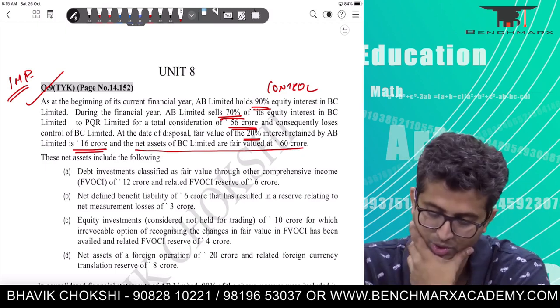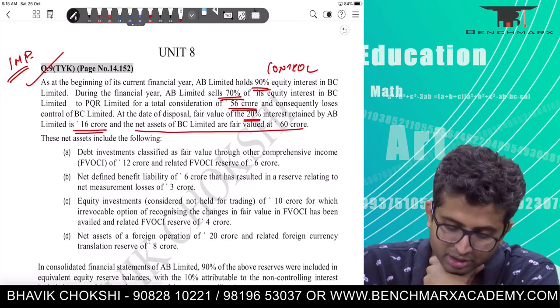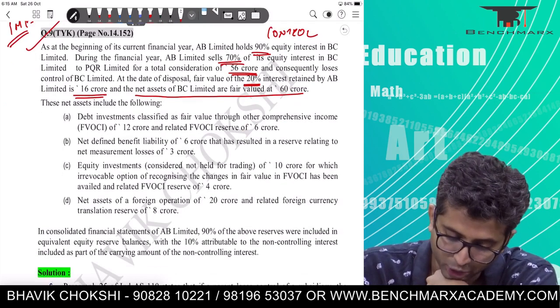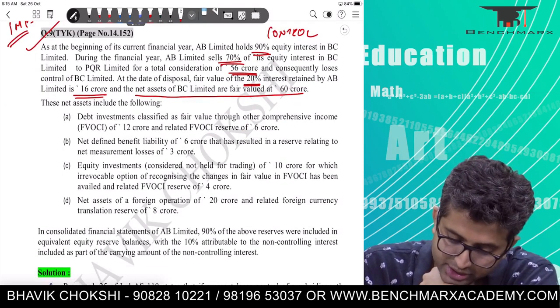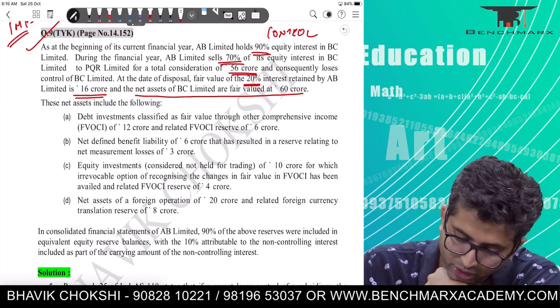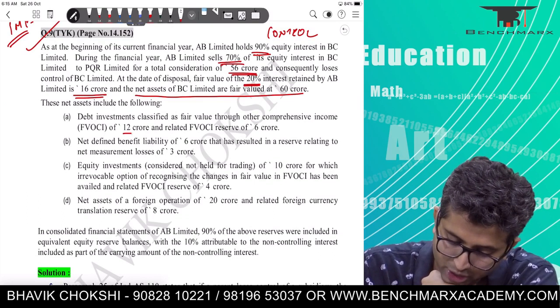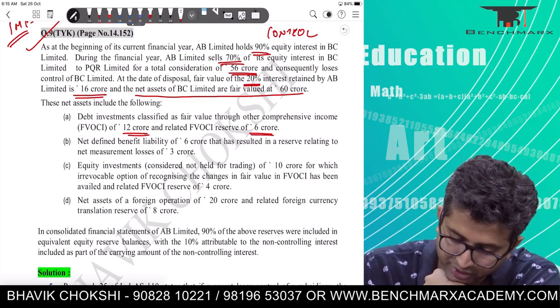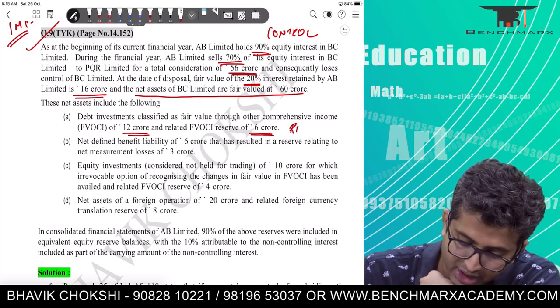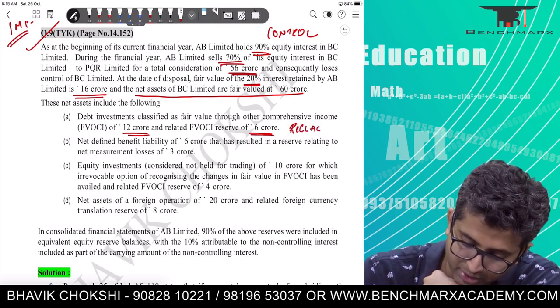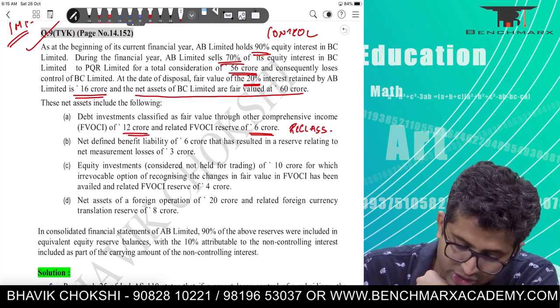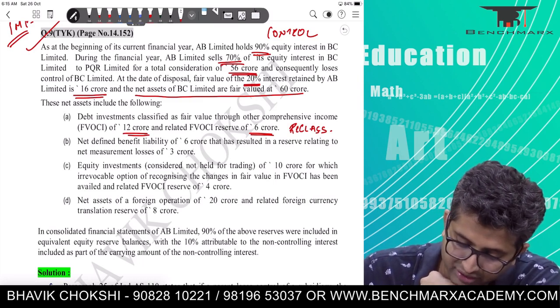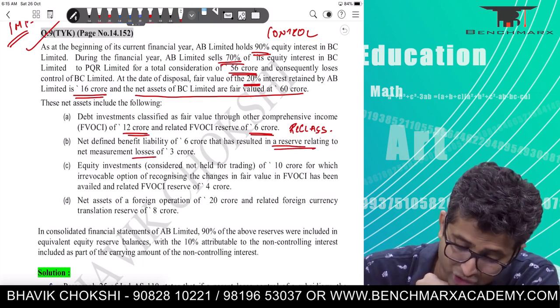Okay. Then net assets include the following: debt investments classified as fair value through other comprehensive income of 12 crores and an FVOCI reserve of 6 crores. This is debt investment. This is a reclassifiable OCI. Net defined benefit liability of 6 crore that has resulted in a reserve relating to net measurement losses.